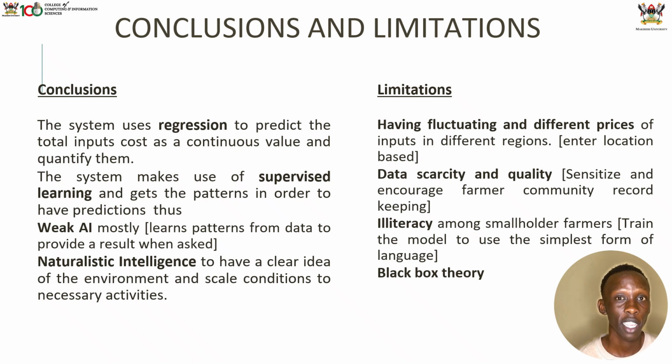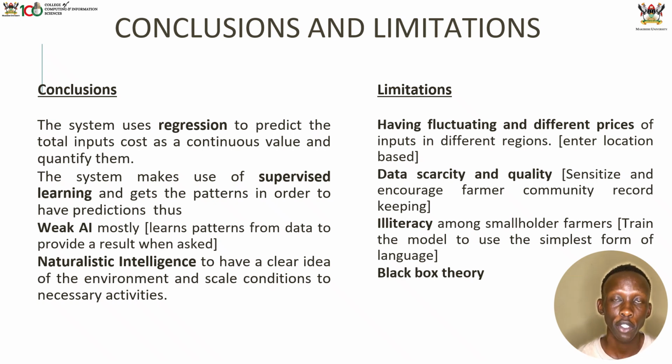Then data scarcity and quality. We have a problem of record keeping. Farmers don't usually keep that data very well. So to solve this, we shall try to sensitize and encourage farmers to keep on keeping that data. The more it learns from real-time data, the better the predictions are.